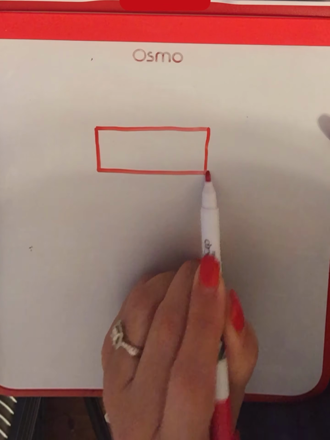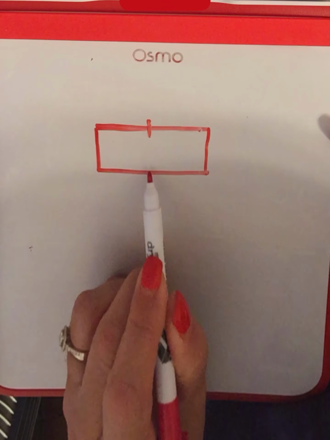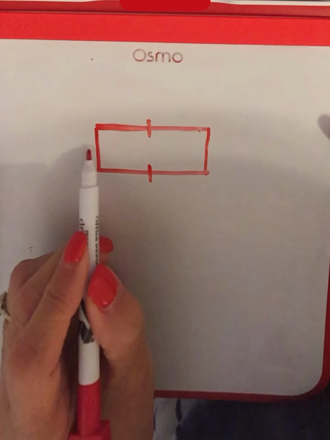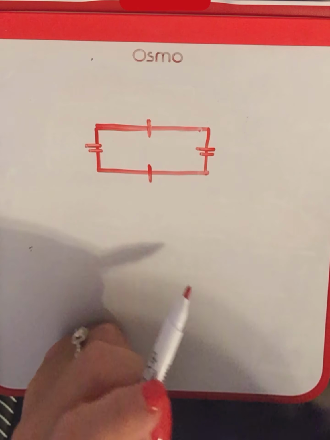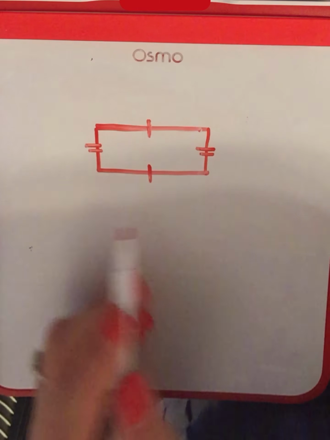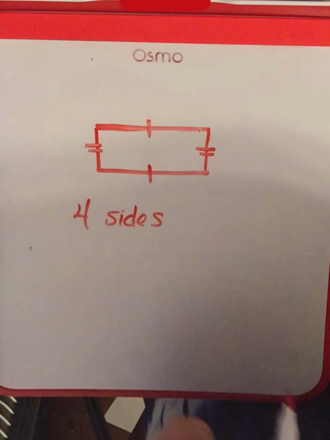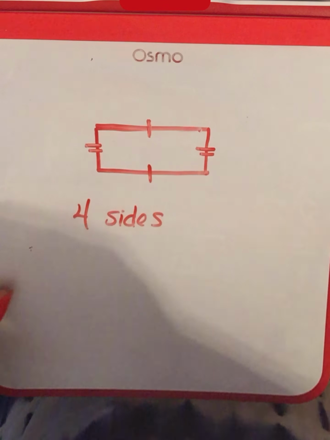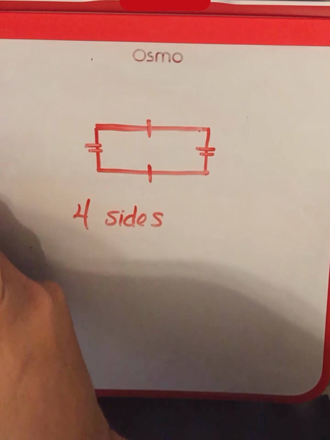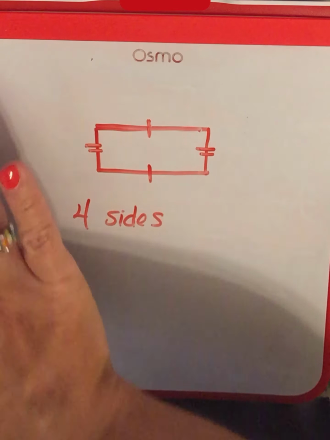I see a side here and here that look the same, and then a side here and here that look the same. So a rectangle has a total of 4 sides. When a shape has 4 sides, we call it a quadrilateral, and that is what a rectangle is.